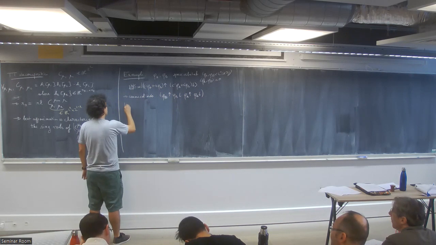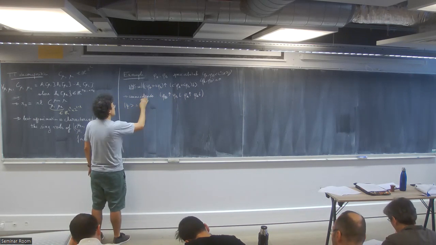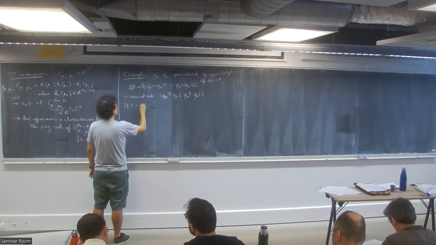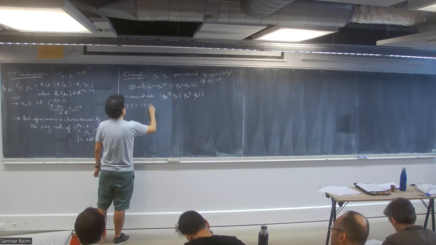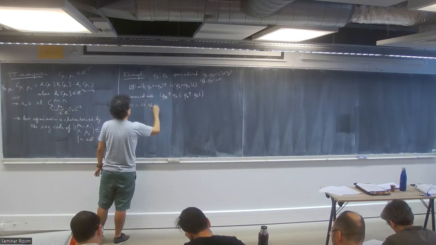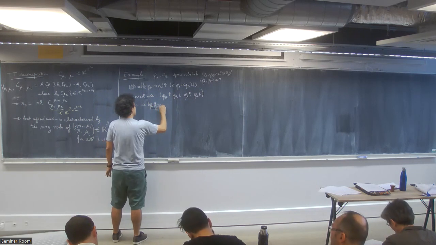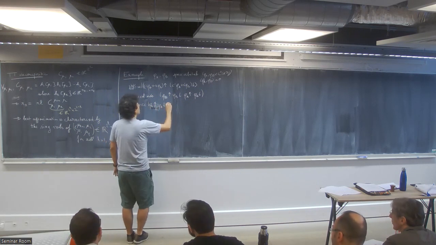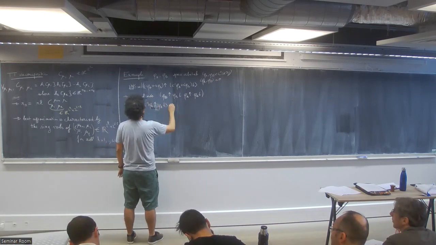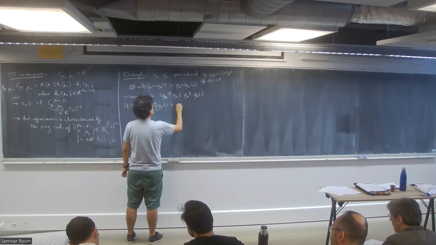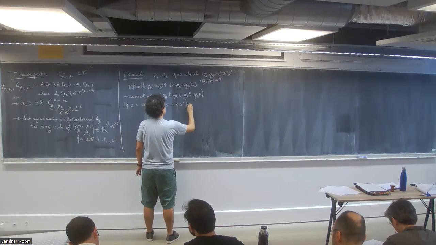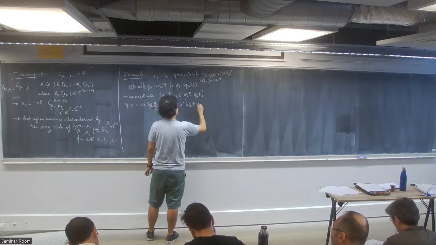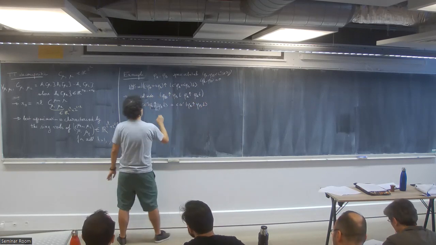Okay, so this is my basis, and I will write psi. Now I expand everything. If I expand everything, don't forget the spin: s, s prime, phi A up, phi B down.